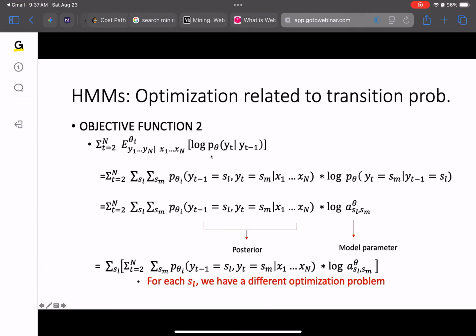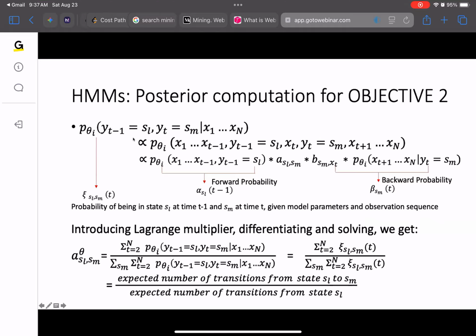A similar approach is carried out for objective function 2 to estimate the parameters of the transition probabilities. Computing the conditional expectation and factorizing it in terms of the posterior and model parameters. Let's see what the posterior in this case looks like. Similar to what we did earlier, the posterior can be represented in terms of the joint distribution, and then factorized in terms of forward and backward probabilities.